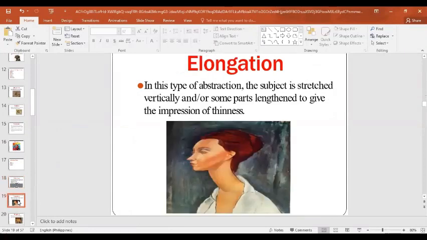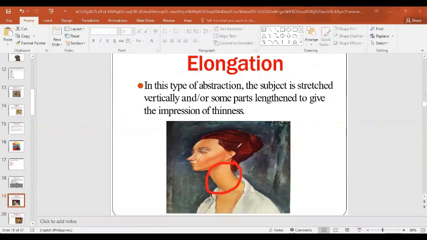Isa pa, we have elongation. In this type of abstraction, the subject is stretched vertically and or some parts lengthened to give the impression of thinness. So kung mapapansin natin, no, nagfo-focus siya dun sa neck. Okay?